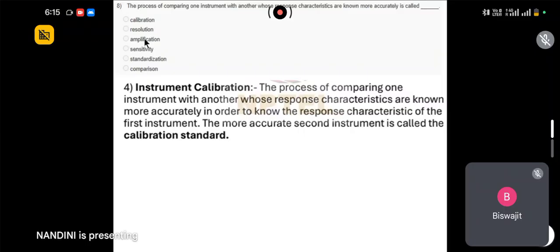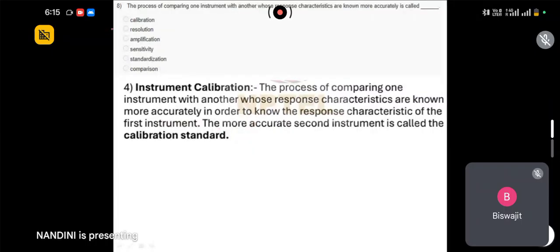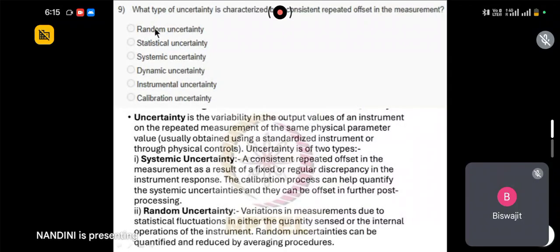So we calibrate a new instrument with an already known instrument. The more accurate second instrument is called the calibration standard. So the answer to the question will be calibration.